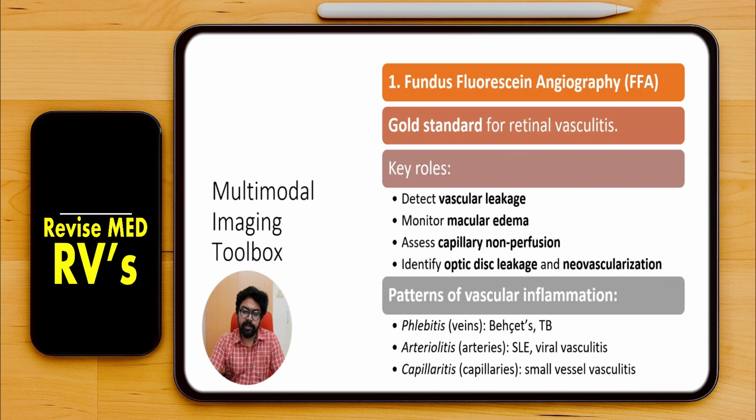In arteriolitis, you should have a differential of viral vasculitis in your mind. Most cases will have viral vasculitis as the cause for arteritis or arteriolitis, and other autoimmune conditions like SLE should also be ruled out, and ANCA-associated vasculitis also should be ruled out. In case of capillaritis, it is predominantly small vessel vasculitis. Even in that case, viral vasculitis as well as ANCA-associated vasculitis should be ruled out.